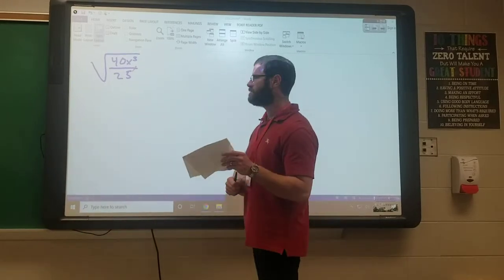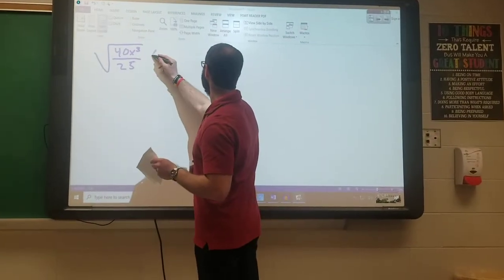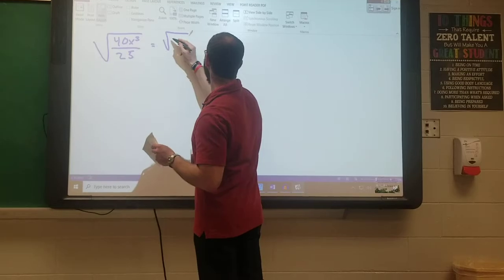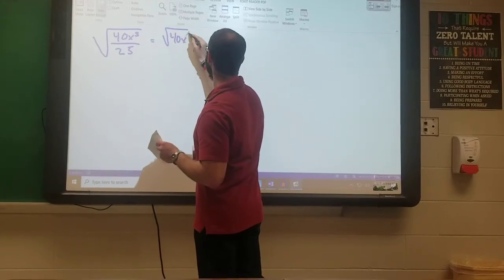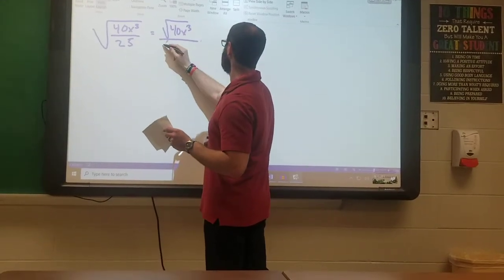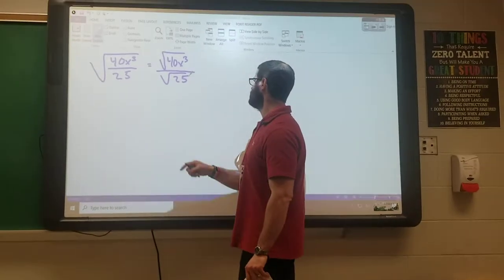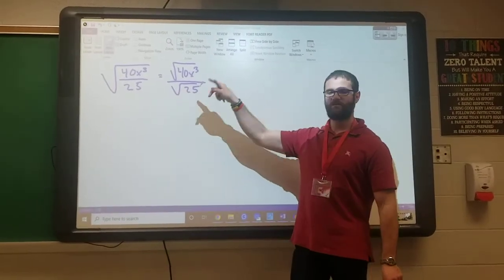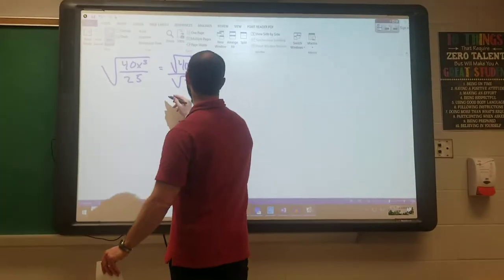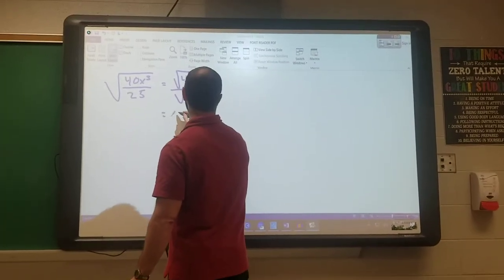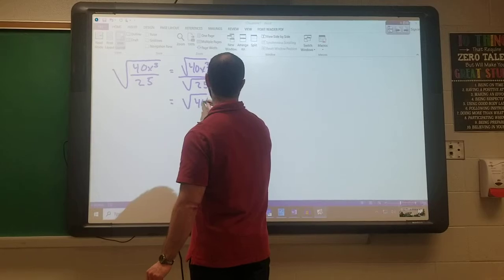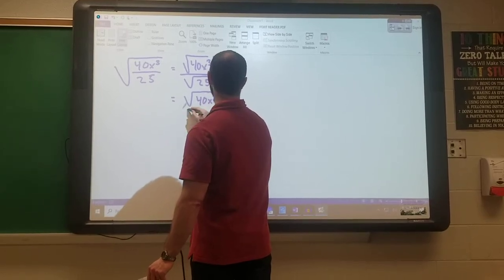So first of all, let us go ahead and rewrite it. So square root of 40x to the third on top, square root of 25 on the bottom. One thing we can do right away, square root of 25, that's a perfect square, so that simplifies to 5. So square root of 40x to the third over 5.